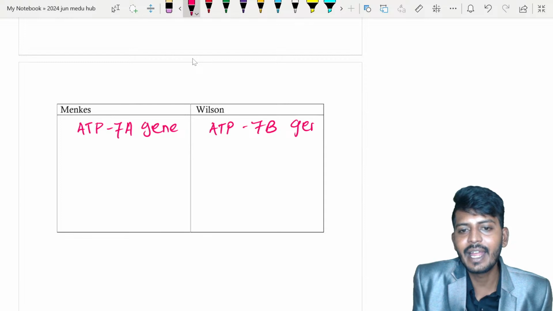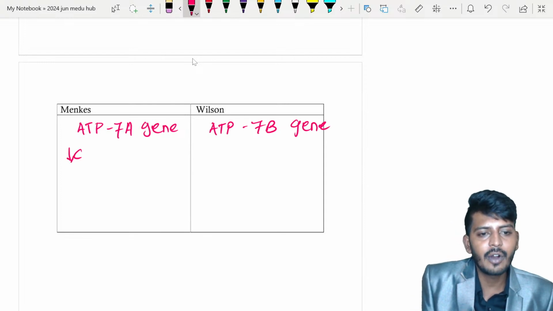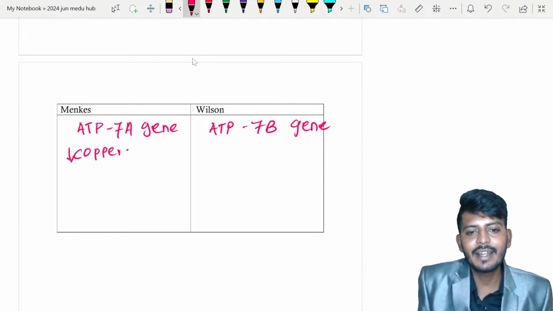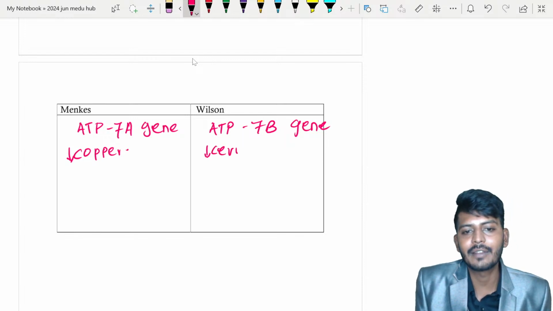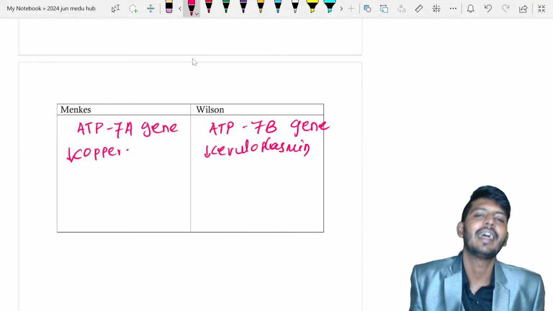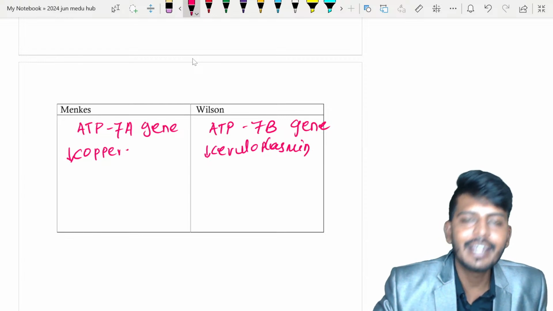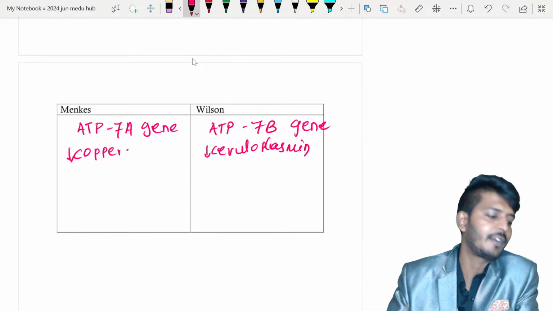So in Menkes disease there is a decrease of copper, and in Wilson disease there is a decrease of ceruloplasmin. Ceruloplasmin is a plasma protein जिसका काम होता क्या है सर? Ceruloplasmin का काम होता है, it is responsible for transport of copper.